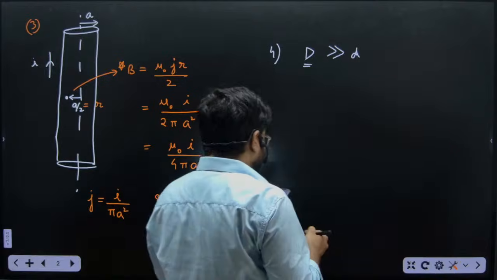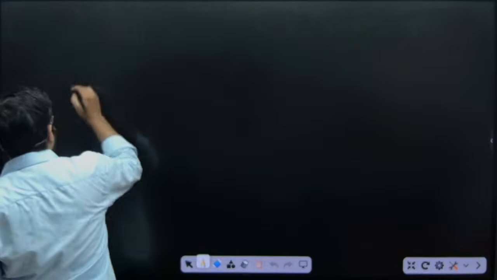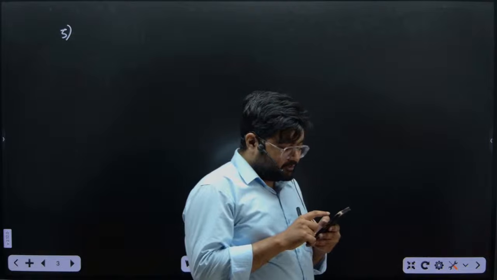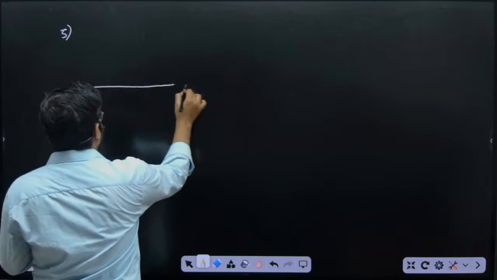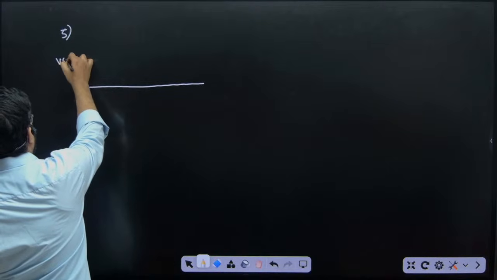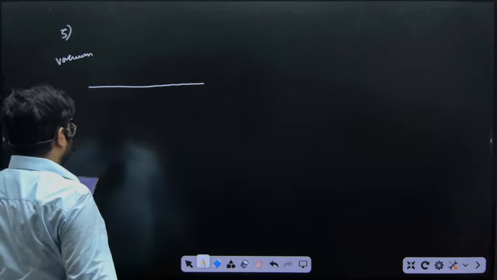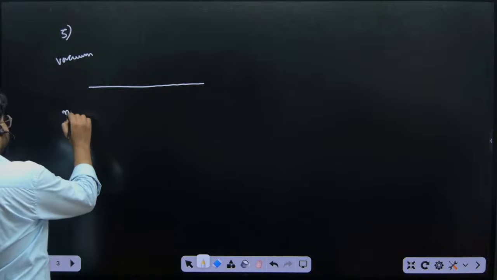Coming to the next question, question number 5. An electromagnetic wave passes from vacuum into a dielectric medium, some medium, let's say refractive index eta, and relative electrical permittivity and relative magnetic permeability is given.